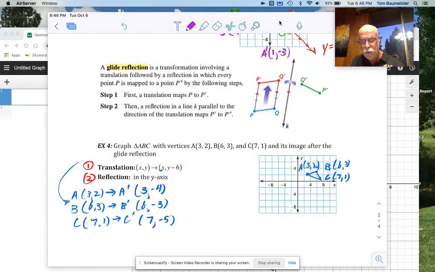So let's go ahead and map that one there. I think I used purple. So A prime is at (3, -4). Here's my A prime. My B prime, we just said, was at (6, -3). And then our C prime, we said, was (7, -5).